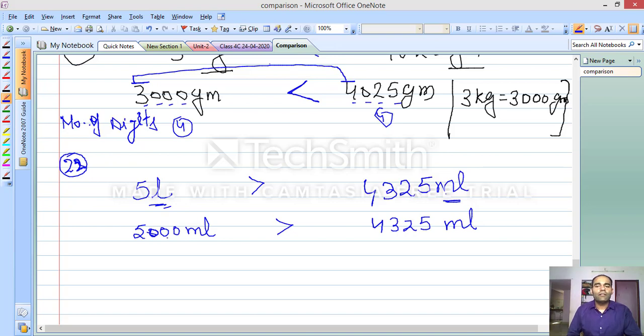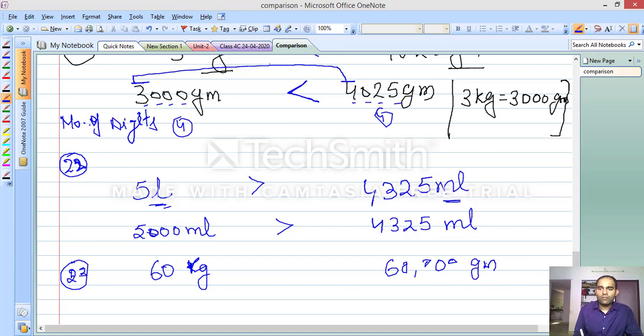Let's take one more. Here is 60 kilogram and here is 60,000 gram. Let's check which one is greater. First of all we will have to change kilogram into gram.